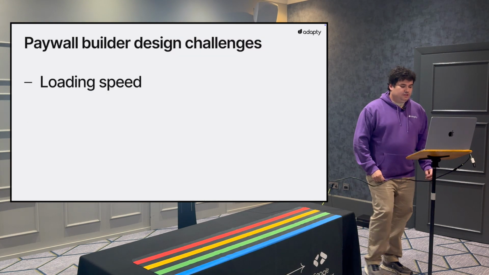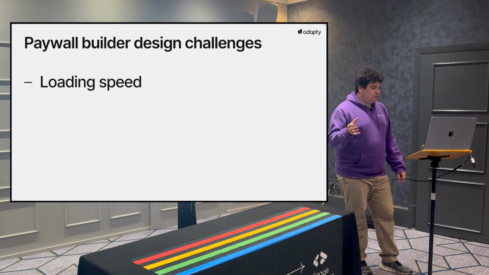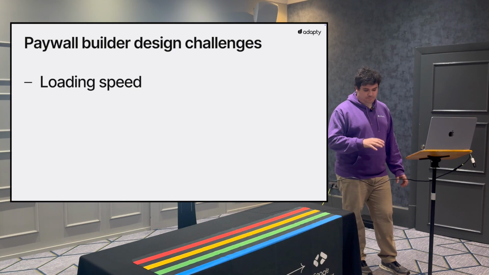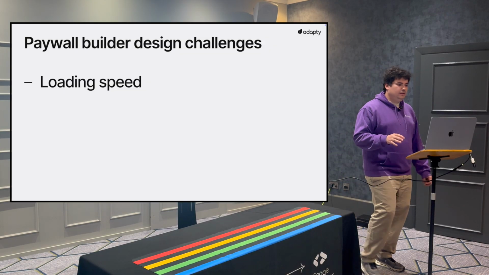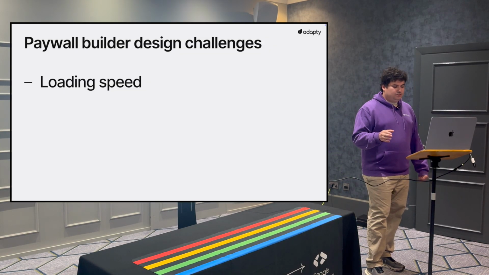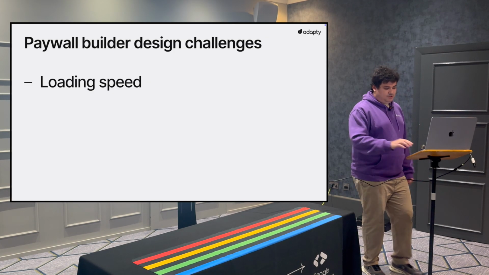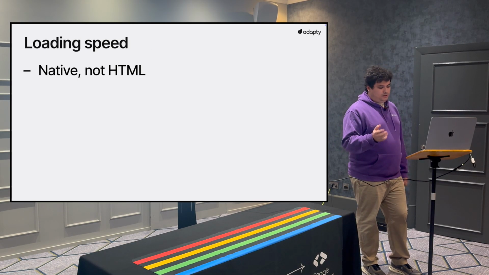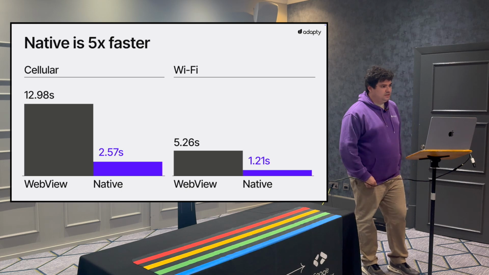Paywall Builder is, and was, a pretty challenging product for us. We started it a little less than 3 years ago, and we put a lot of effort into it. The biggest challenge that we saw is the loading speed. First we started with HTML, and it was probably the wrong approach because HTML loading time is not as good as native.